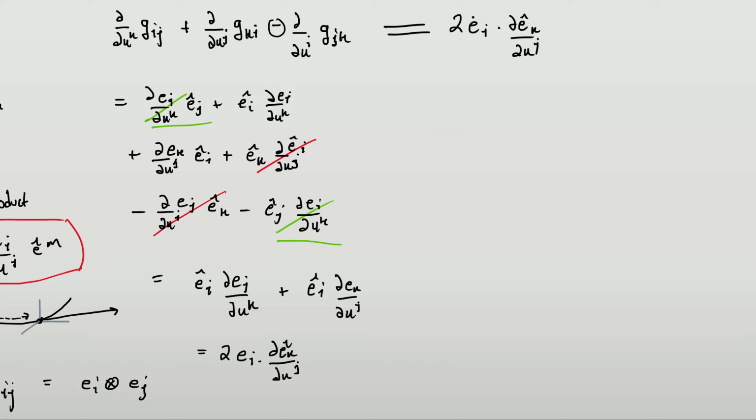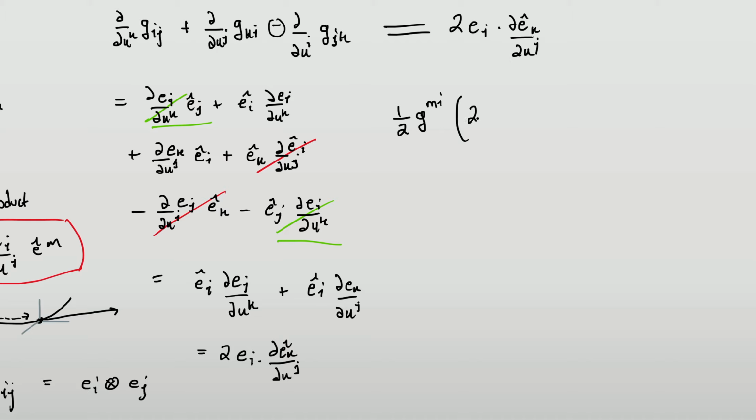So if I were to divide this by 2, and then raise the i index, right? We saw in an earlier video that we can raise indices with the metric tensor. If I did this, then I just put all this in here.